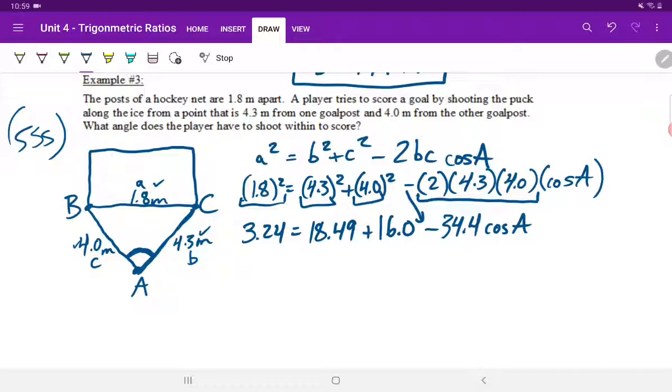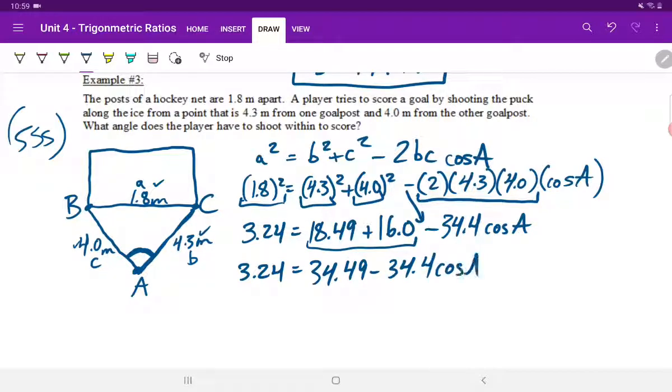Be careful here. You cannot subtract the 34.4. It's being multiplied by cos A, right? But we can combine these two, so we end up with 3.24 is equal to 18.49 plus 16. Again, be careful. You cannot subtract the 34.4.